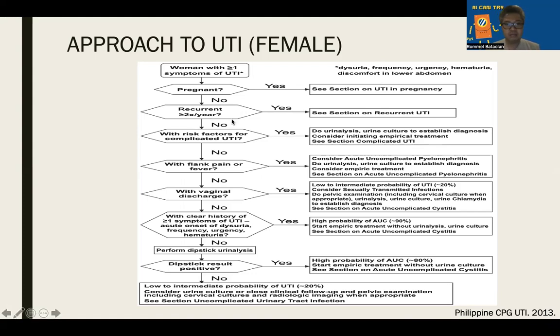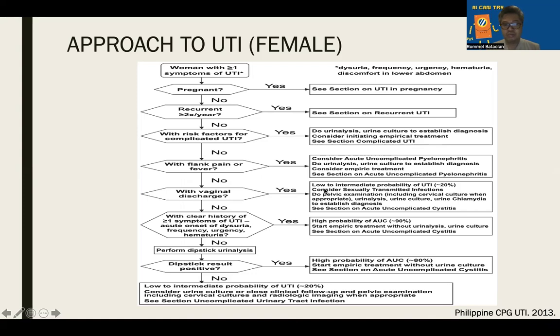Is it recurrent? It happens more than twice a year. So we will discuss that. Are there any risk factors for complicated UTI? We will discuss that, complicated UTI. But if none, is there presence of flank pain or fever? So it could be a pyelonephritis. We will discuss that. If there's no flank pain or fever, does the patient have vaginal discharge?